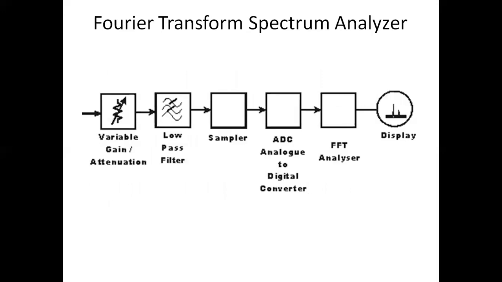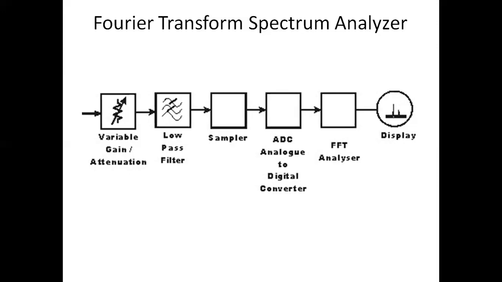Here we are using a variable gain or attenuator to attenuate the input signal to the level that is acceptable by the low pass filter.